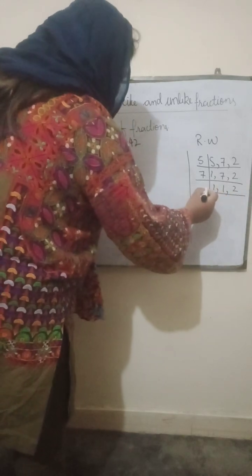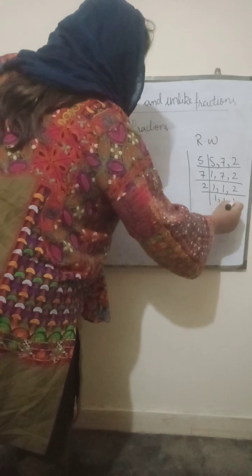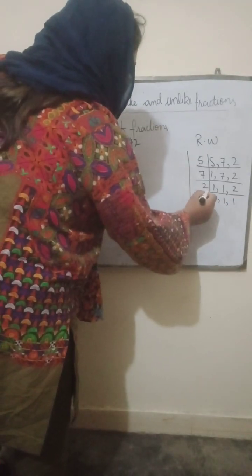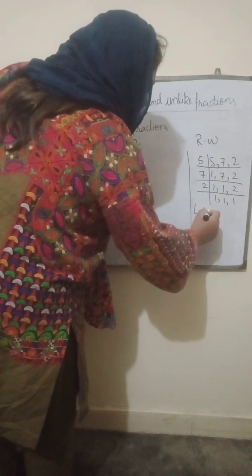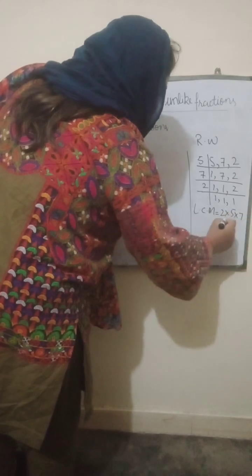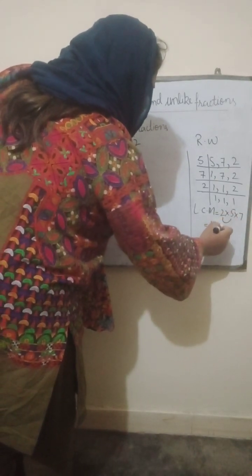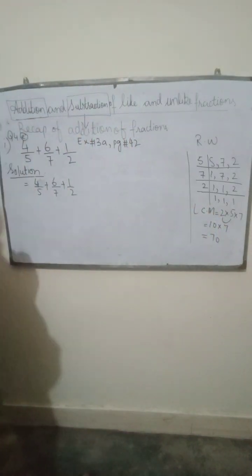We have already found the LCM by the division method, so you can watch my previous video to clear the concept related to LCM by division. So LCM is equal to 2 multiplied by 5 multiplied by 7. 2 5s are 10, multiplied by 7, it is 70.